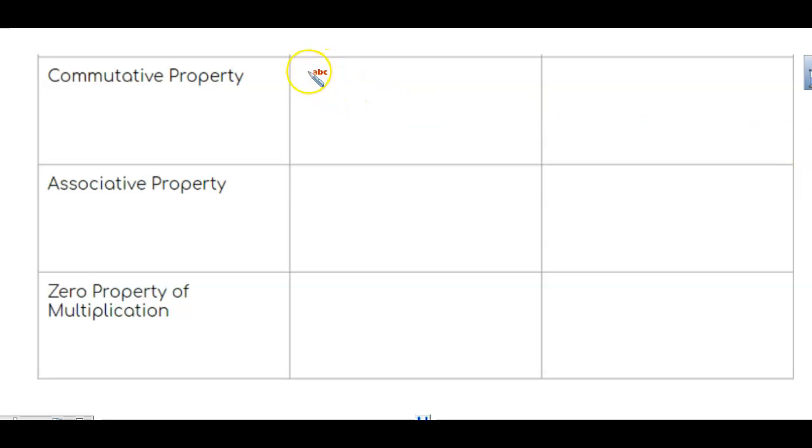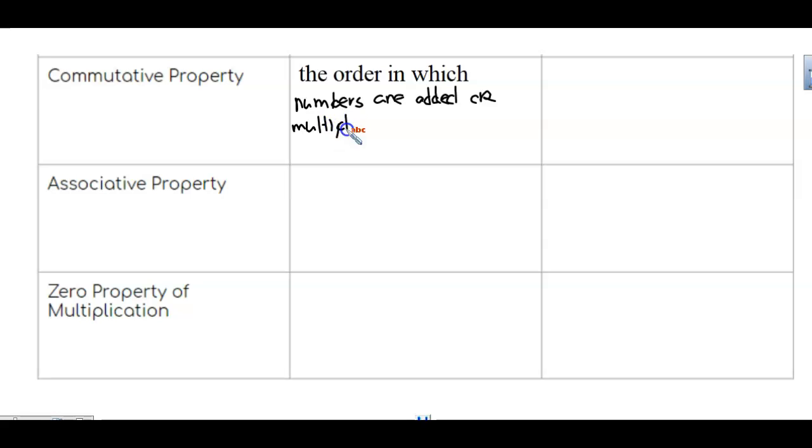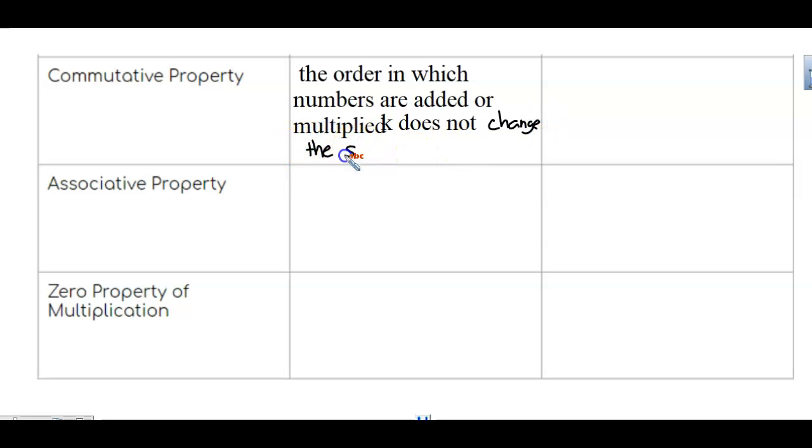Okay? The commutative property, it is the order in which numbers are added or multiplied does not change the sum or product.